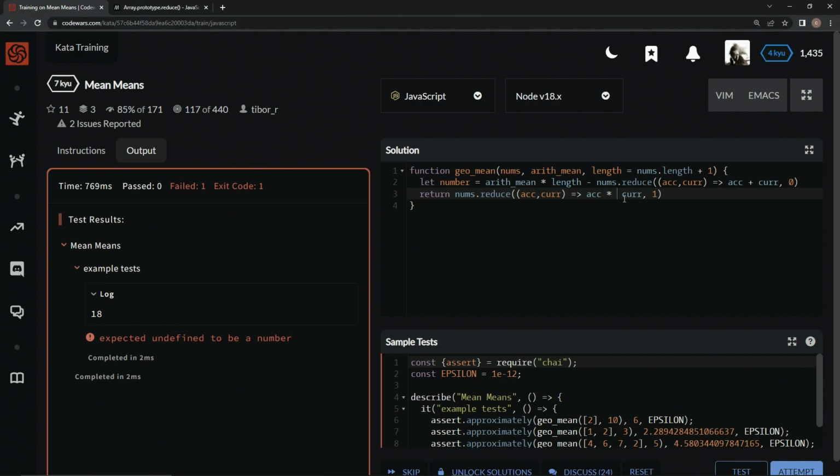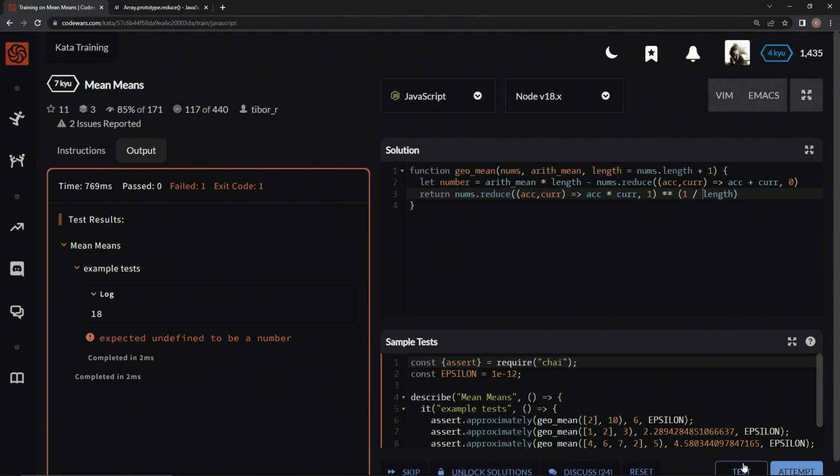All right, so basically that's going to get the product. Now that we've got the product, we've got to divide it by the length. No, we've got to do it to the 1 over length power.